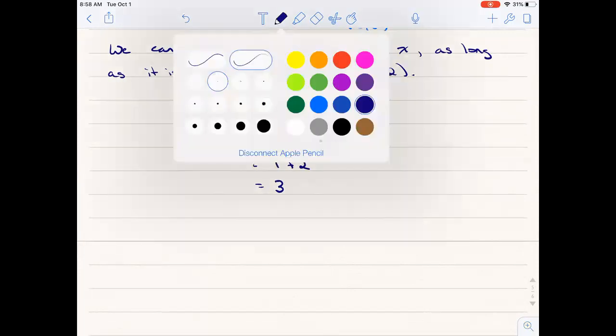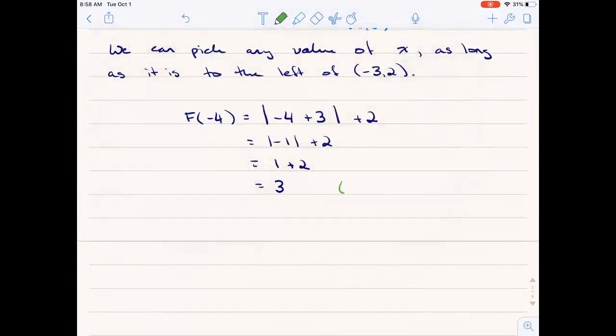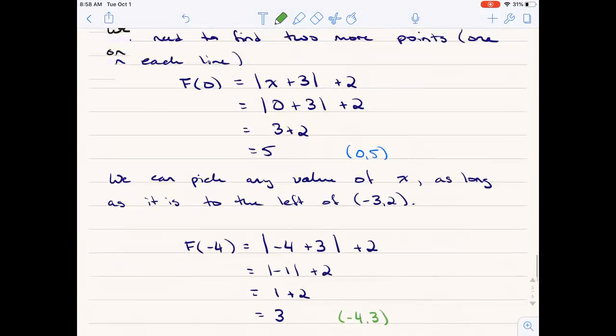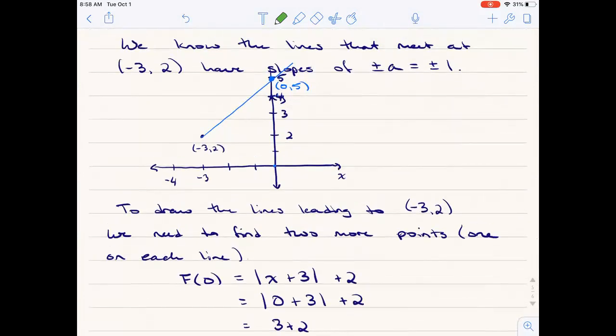And so we've got a point at (negative 4, 3). So if we draw (negative 4, 3) on my kind of shoddy graph here, I can connect these lines ending at the vertex.